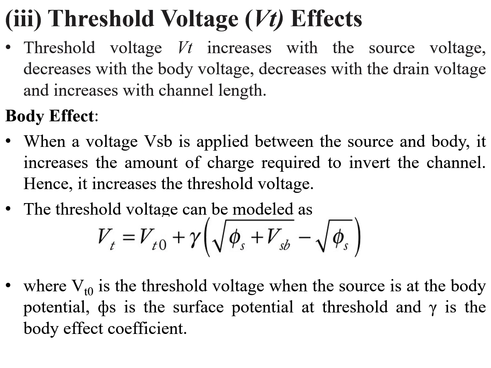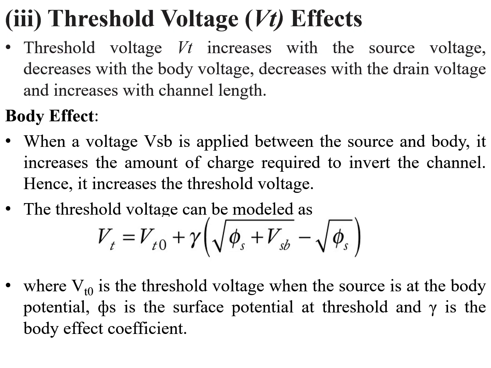Threshold voltage effects. Threshold voltage increases with the source voltage, decreases with the body voltage, and decreases with the drain voltage, along with an increase in the channel length. Body effect. When a source-body voltage is applied between the source and the body, it increases the amount of charge required to invert the channel. Hence, there is an increase in the threshold voltage.